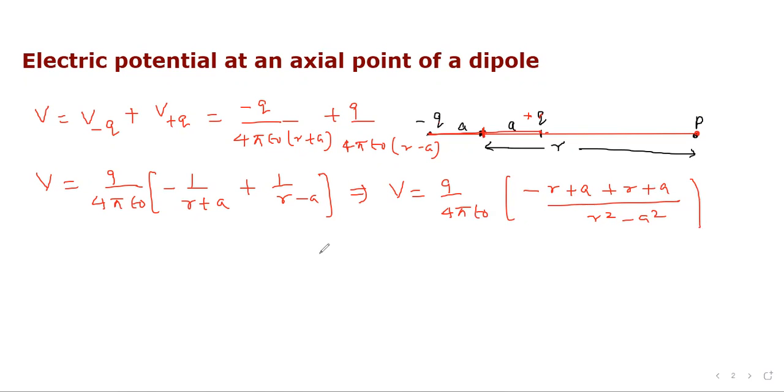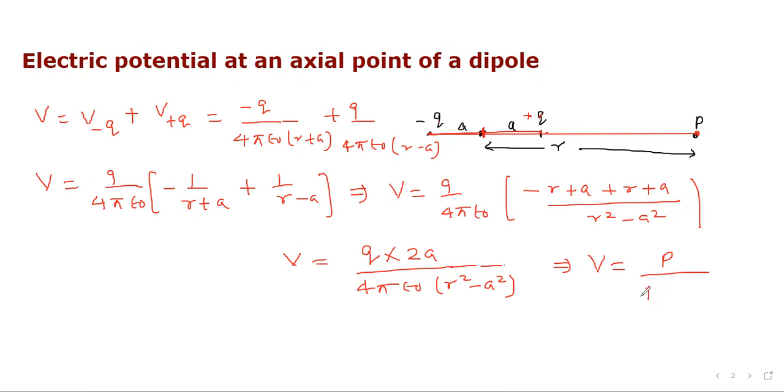So R will cancel out. So we will get V equal to Q times 2A divided by 4 pi epsilon naught times R square minus A square. But Q times 2A is the dipole moment. We can also write it as P divided by 4 pi epsilon naught times R square minus A square.